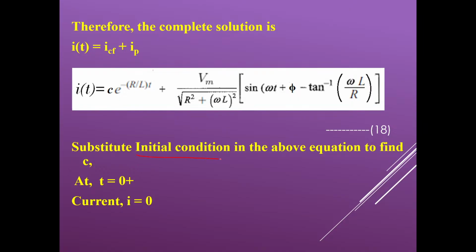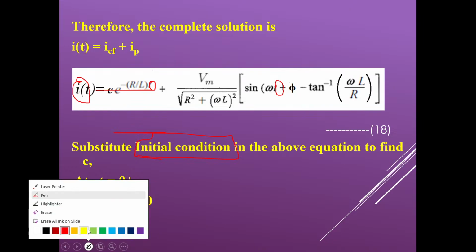Now we didn't consider the initial conditions, isn't it? Let us consider the initial conditions. Let us assume at t equals 0 plus, the switch is closed. At that time the current in the circuit is 0. So substitute the initial conditions in equation 18. Current will become 0. Wherever time is there, substitute 0.